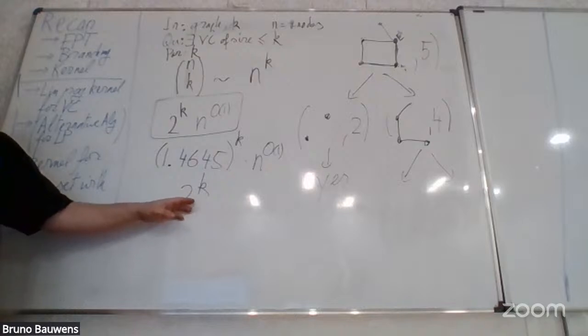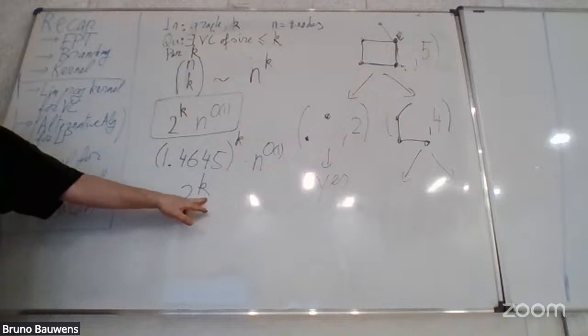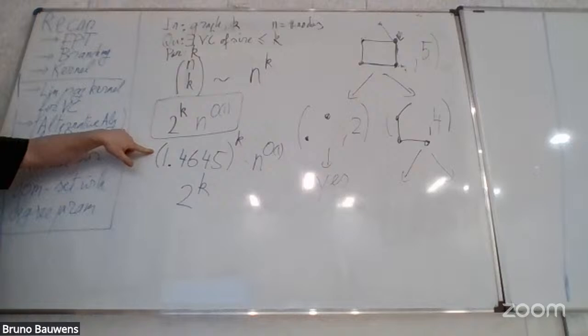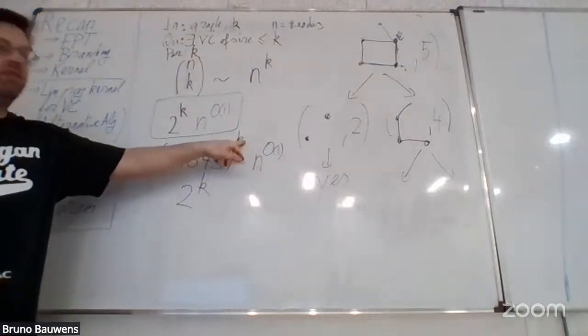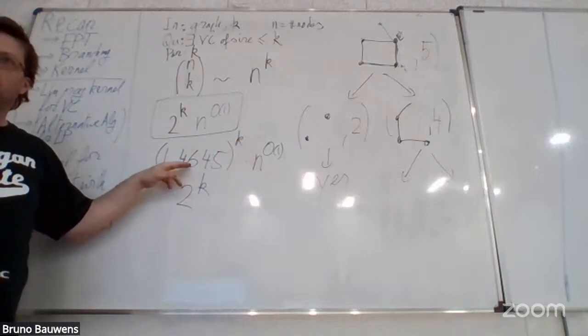So if k is 60, it's no problem. But here, it's a bit more than square root 2. That means that if k is 120, maybe you can do it.